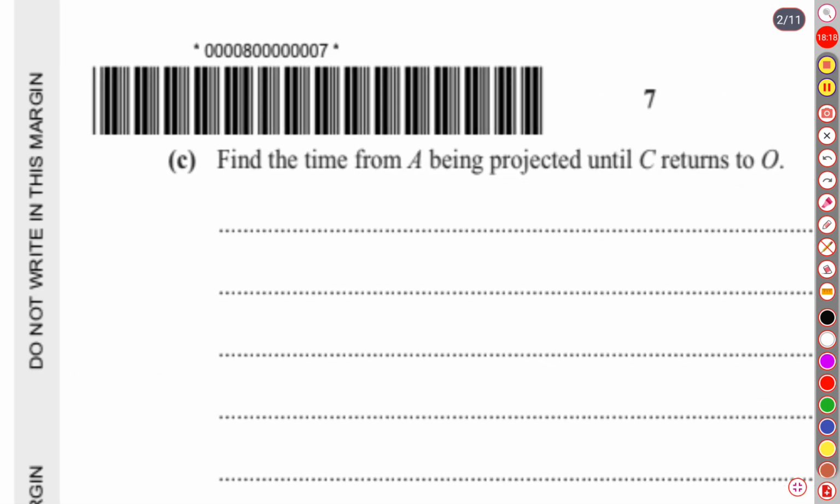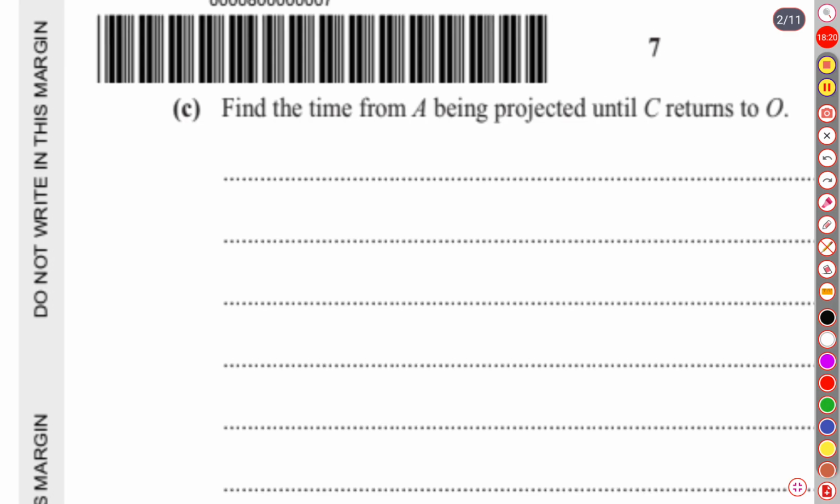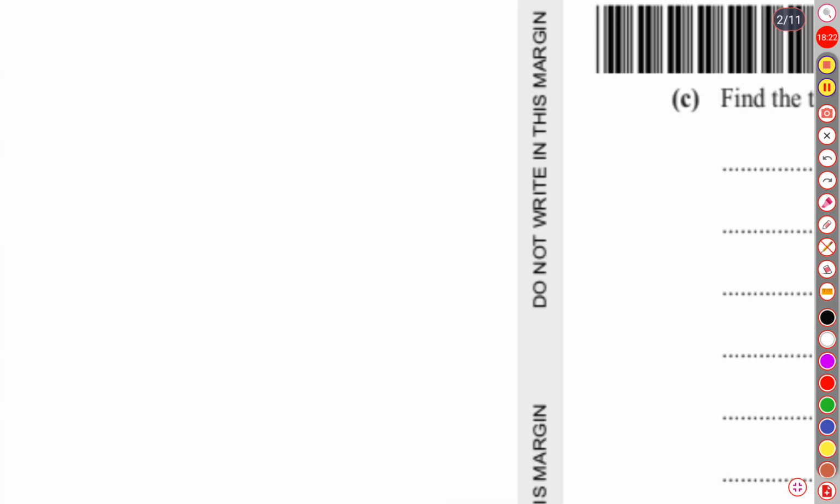So let us find the final velocity of A. VA, the final velocity, means the velocity just before the collision. We know the formula is u plus at.